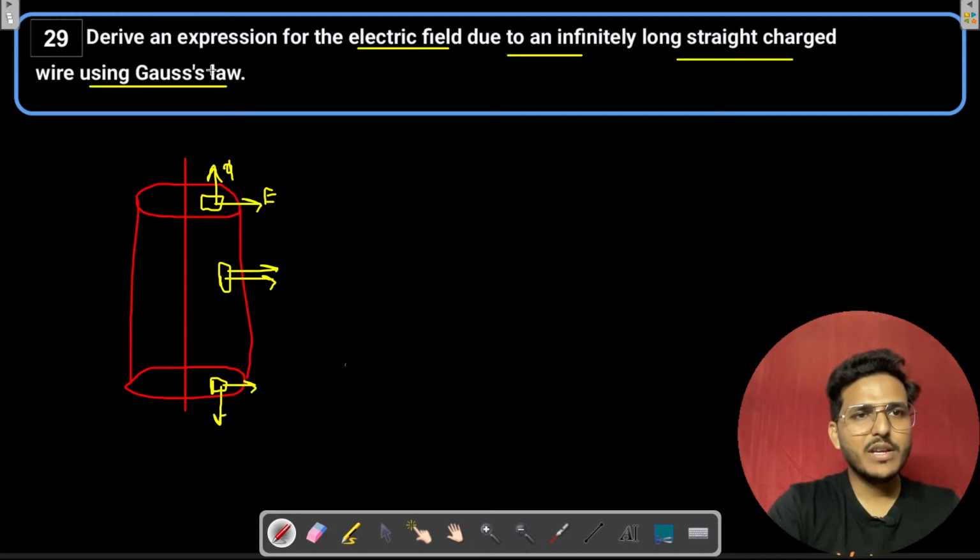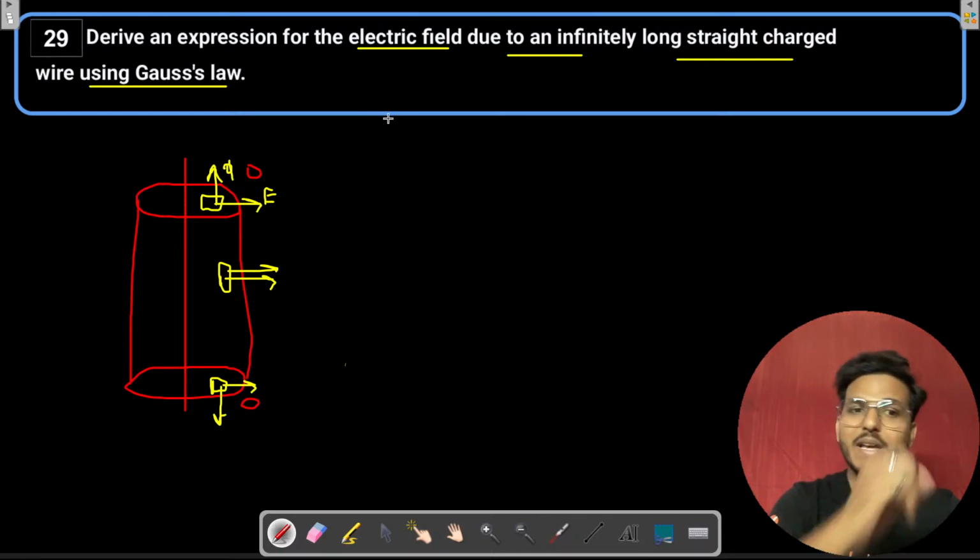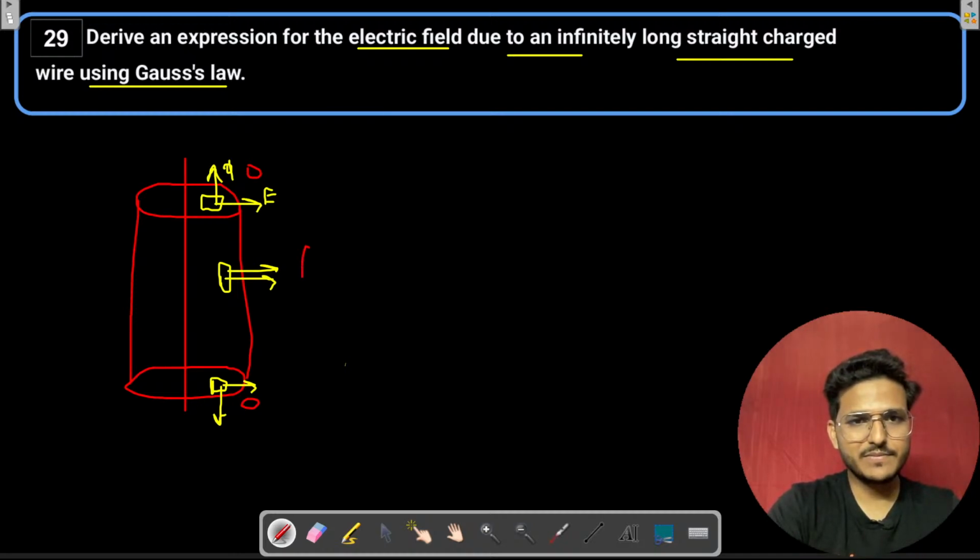So here flux will be 0, here also flux will be 0, here only the flux is available, that is phi equals E ds. ds is 2 pi RL, right?